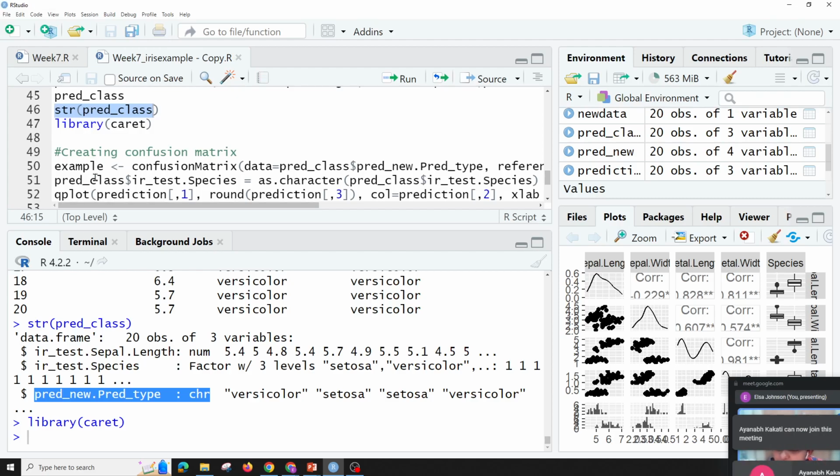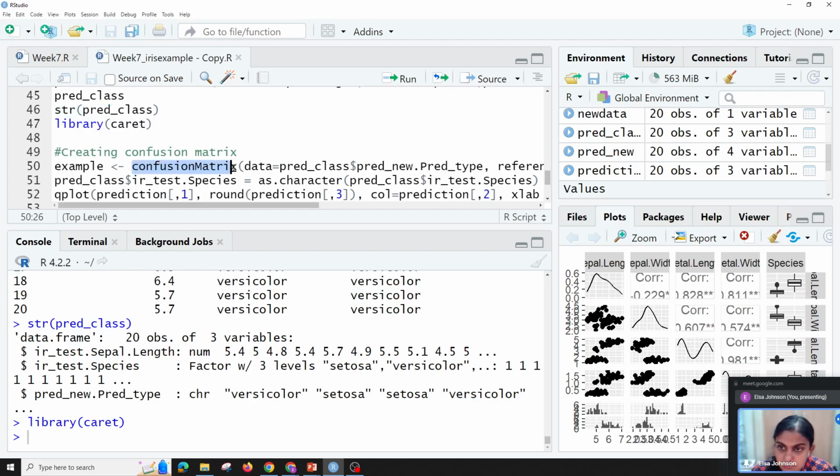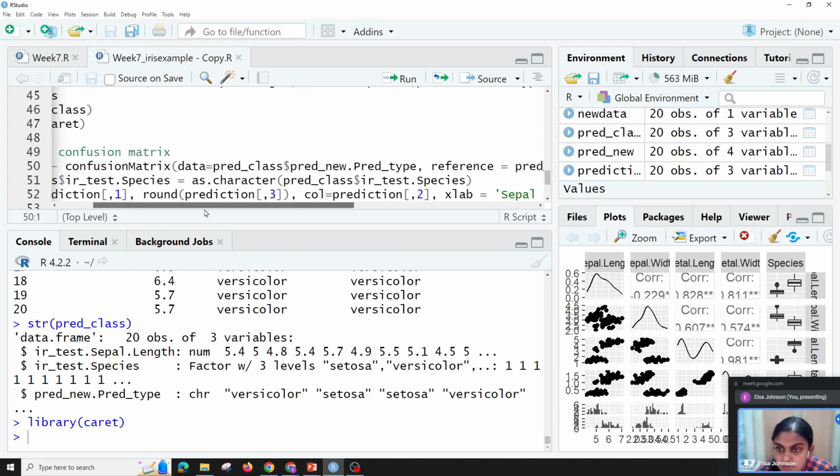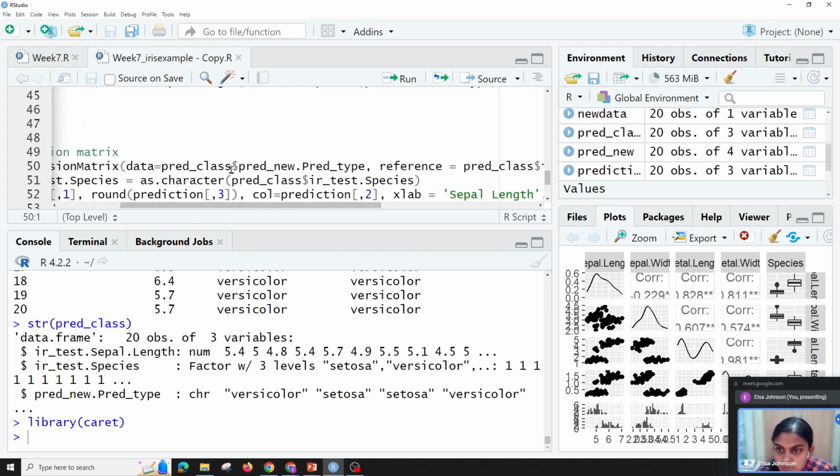So I'm just first creating a confusion matrix with this. Either both should be factors or both should be characters. Okay, data types should be similar. So as an example, I'm just storing into a new variable: confusion matrix data equal to pred_class pred type.